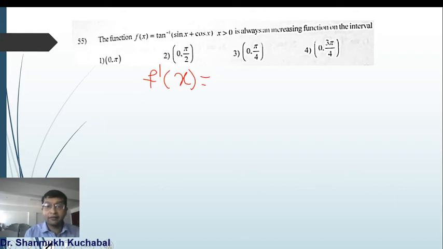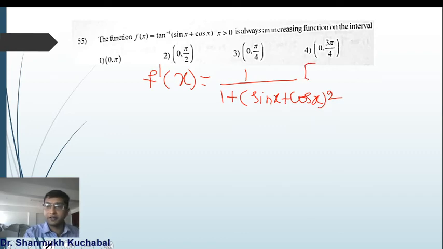The differentiation of tan inverse x is 1 divided by 1 plus x square, that is 1 divided by 1 plus sin x plus cos x whole square. Then the inner function is sin x plus cos x. Its differentiation: sin x differentiation is cos x, cos x differentiation is minus sin x. Like this we get it.